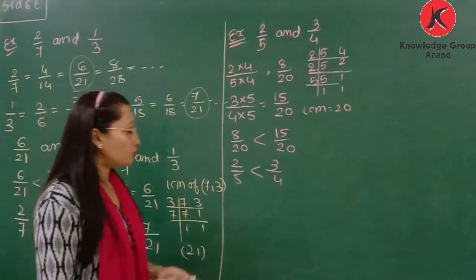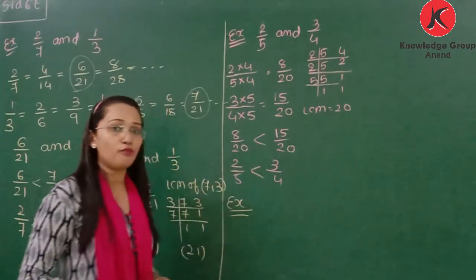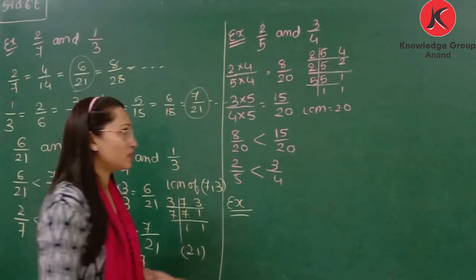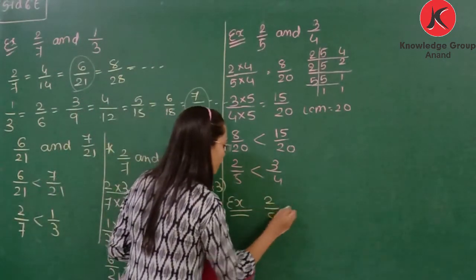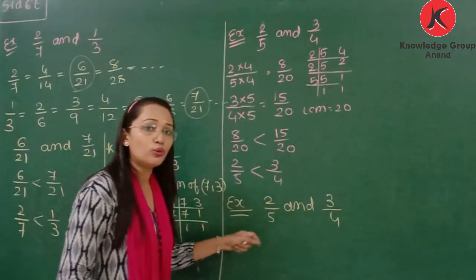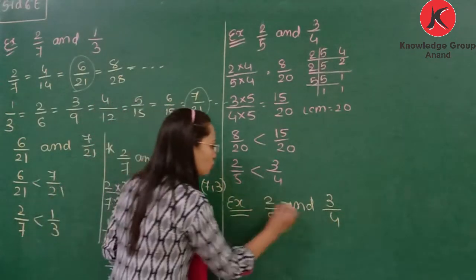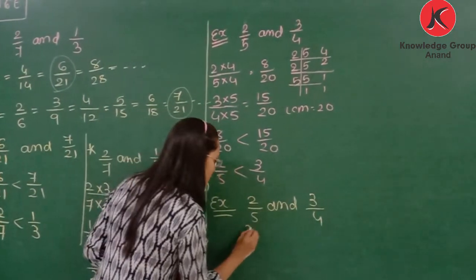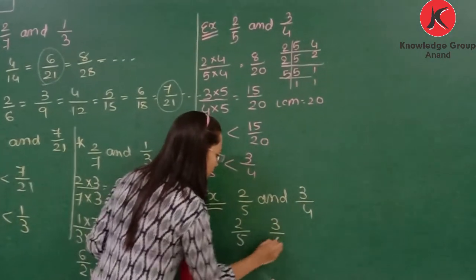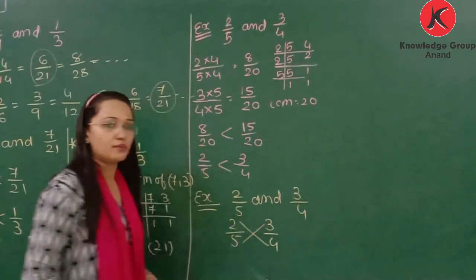Okay. Now one more method is there. If we want to compare fractions, one more method is there. Let's take the same example, 2 by 5 and 3 by 4. Now here you need to perform cross multiplication. Cross multiplication means what? Here 2 is multiplied with 4 and 3 is multiplied with 5.